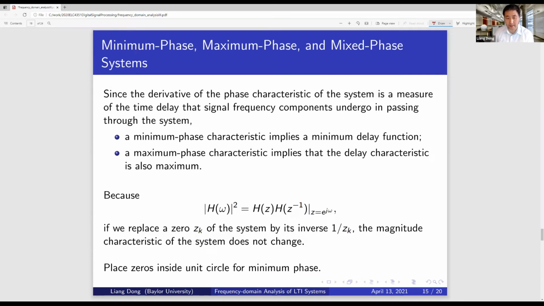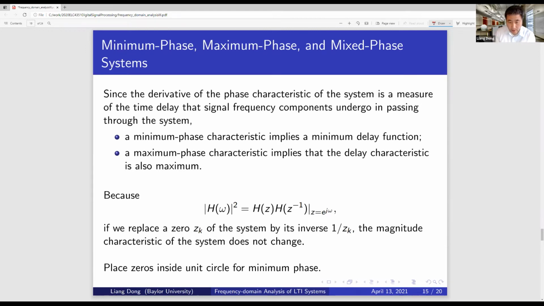I explained that. A maximum phase characteristic implies that the delay characteristic is also maximum. I have a relatively heavy delay tail, quite a lot of signal that comes through this system will be slower than the signal going through the minimum phase system.